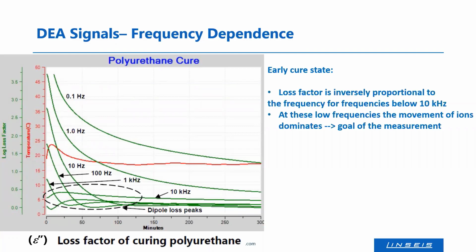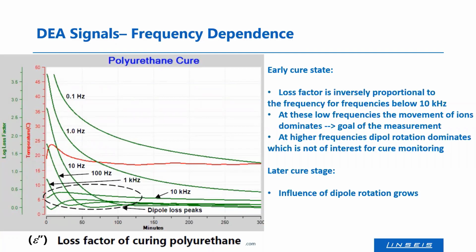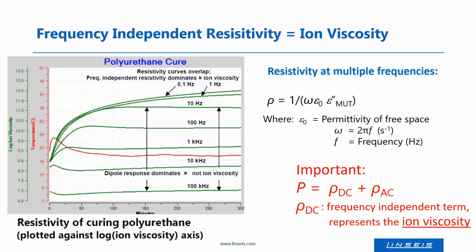To make that a little bit more precise, you then plot the resistivity, and the frequency independent resistivities overlap over the whole range of measurements. You can see the 10 Hertz curve overlaps until a certain point, and then it's stable, so no overlap anymore with the other lower frequencies.